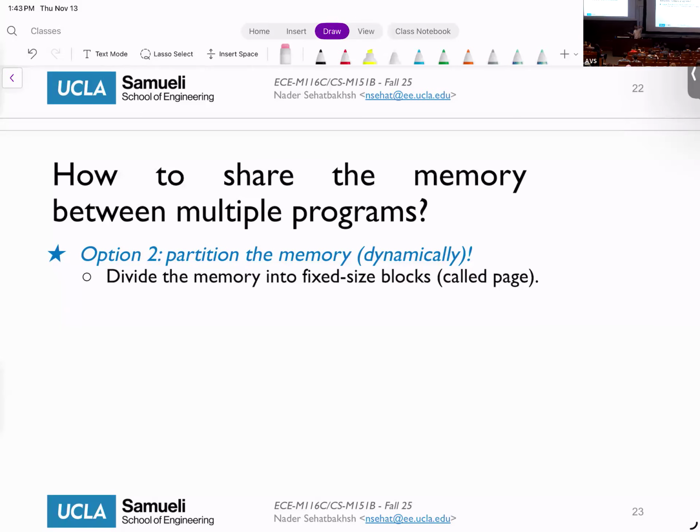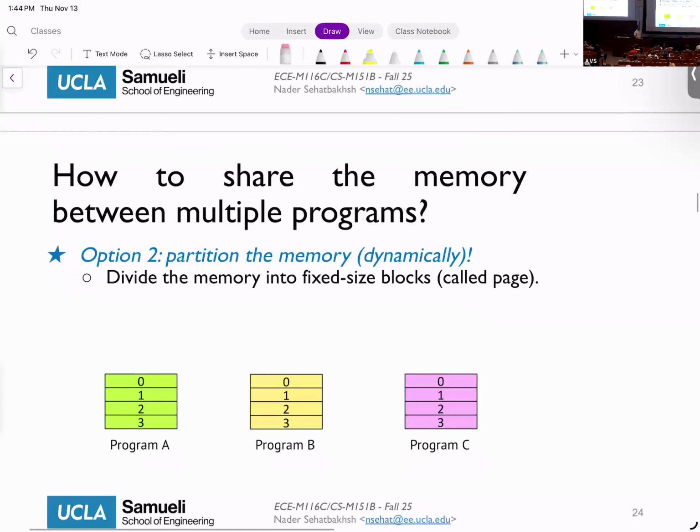And we divide the main memory into multiple pages. So think about a notebook that has many different pages. And then what we do is that we assign pages on demand to each of these programs.